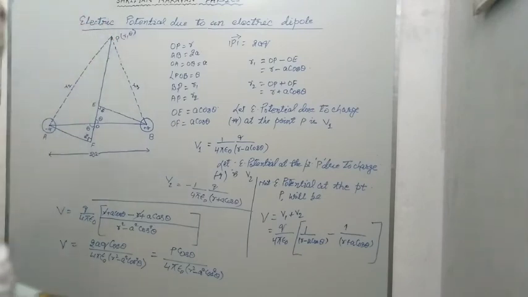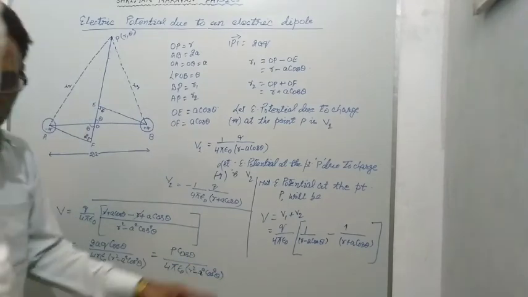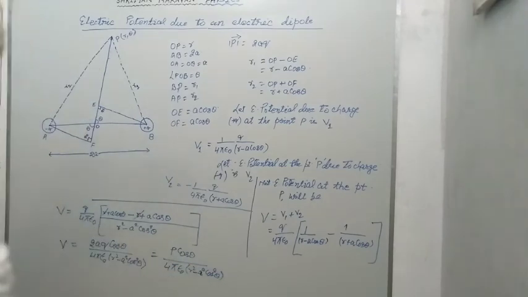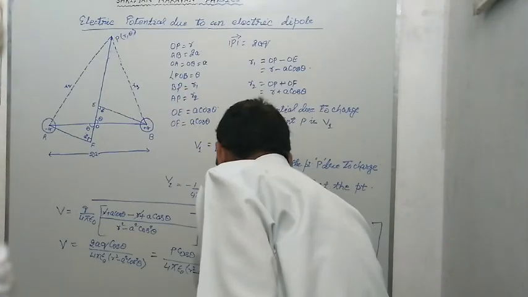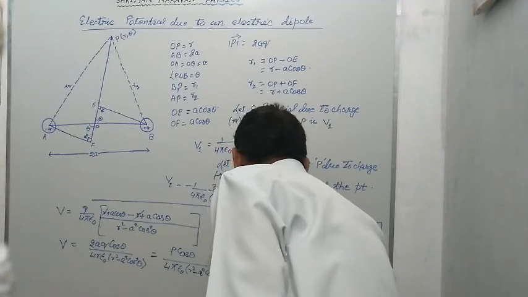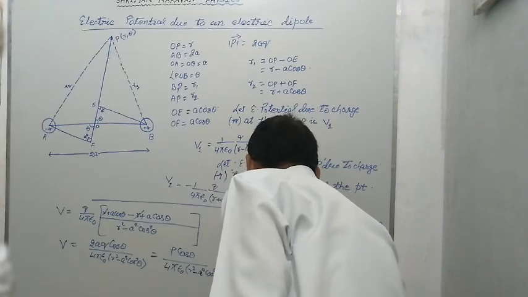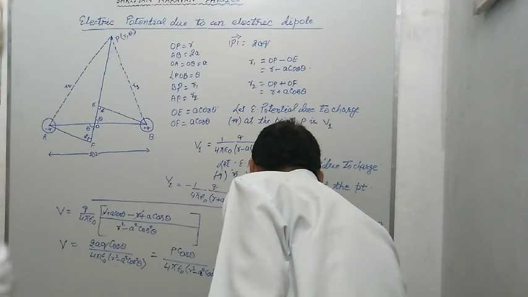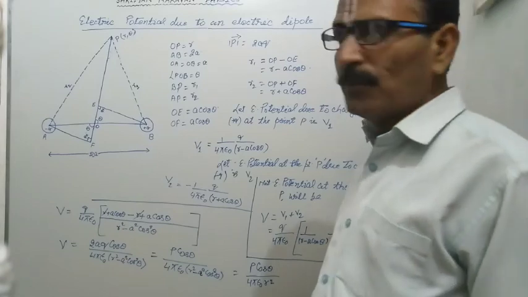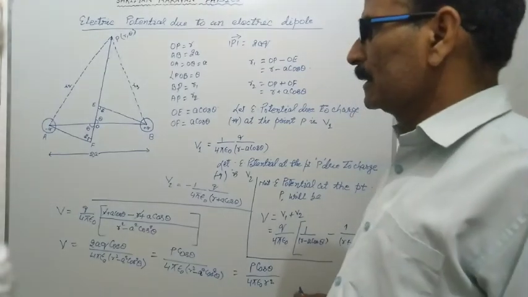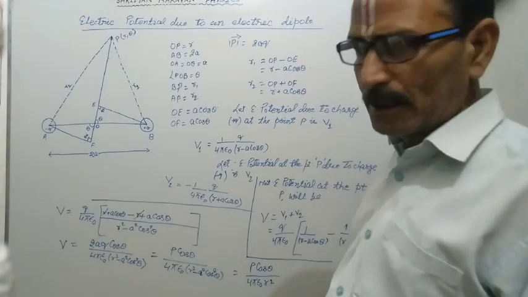In such a situation, the term a square cos square theta can be neglected. Then you will get the relation P cos theta divided by 4 pi epsilon naught into r square. So this is the required formula for electric potential due to an electric dipole at any point P for which the polar coordinates are P, r, theta.